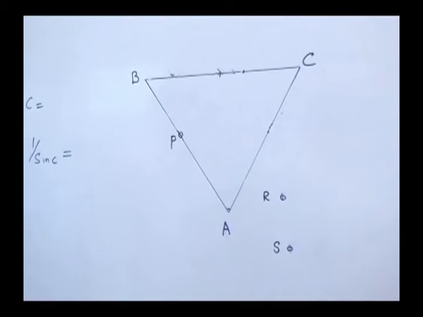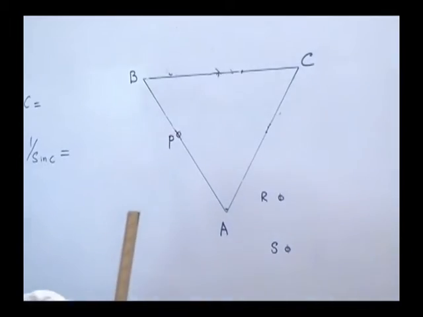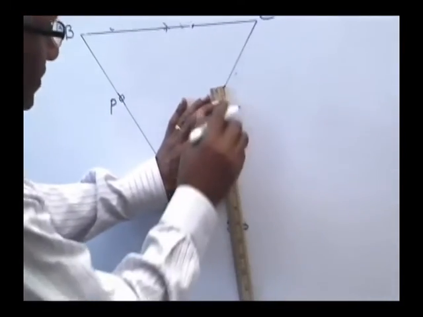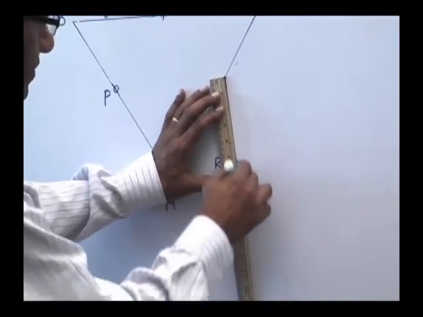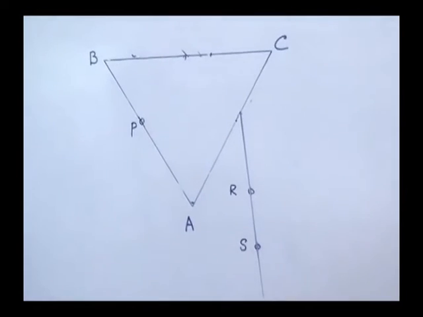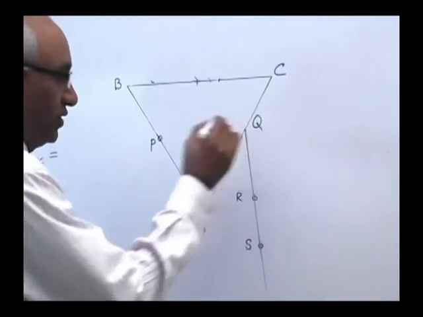After removing the prism from the paper, now we join the image points of the two pins, joining R and S at a point Q on the boundary.